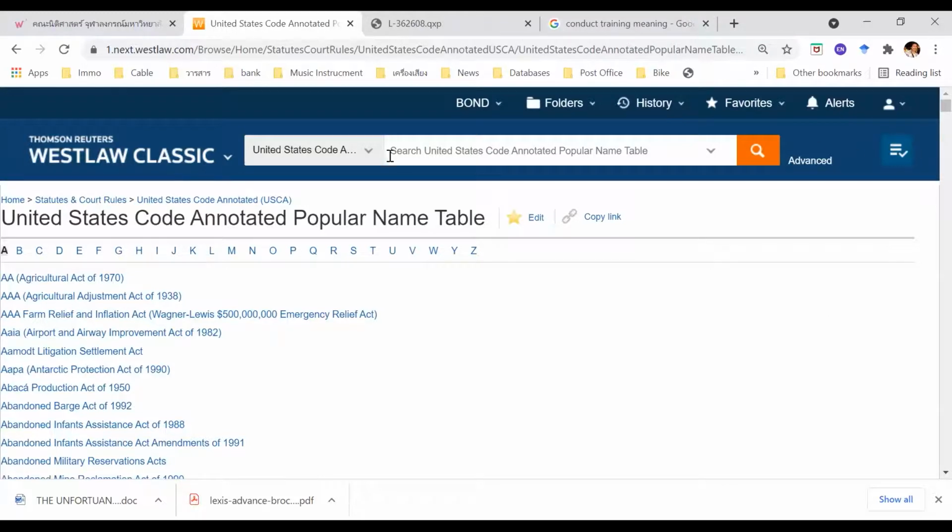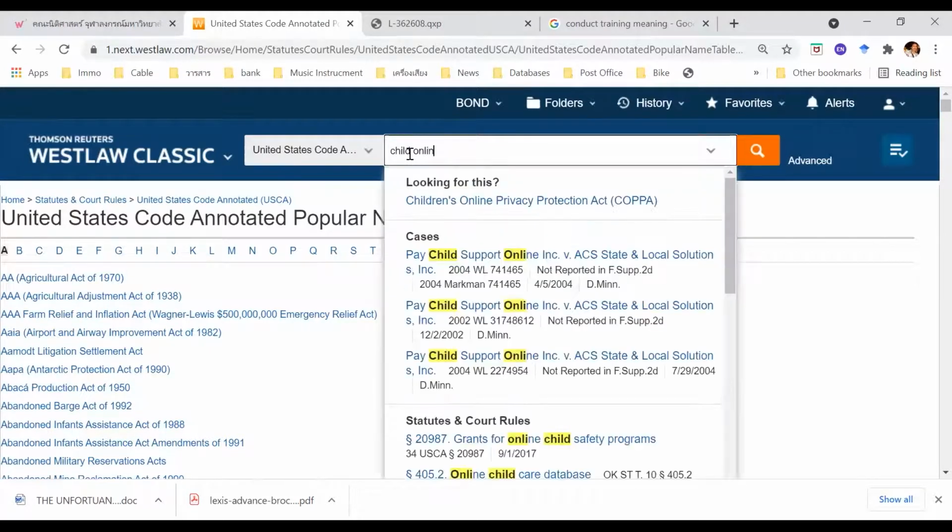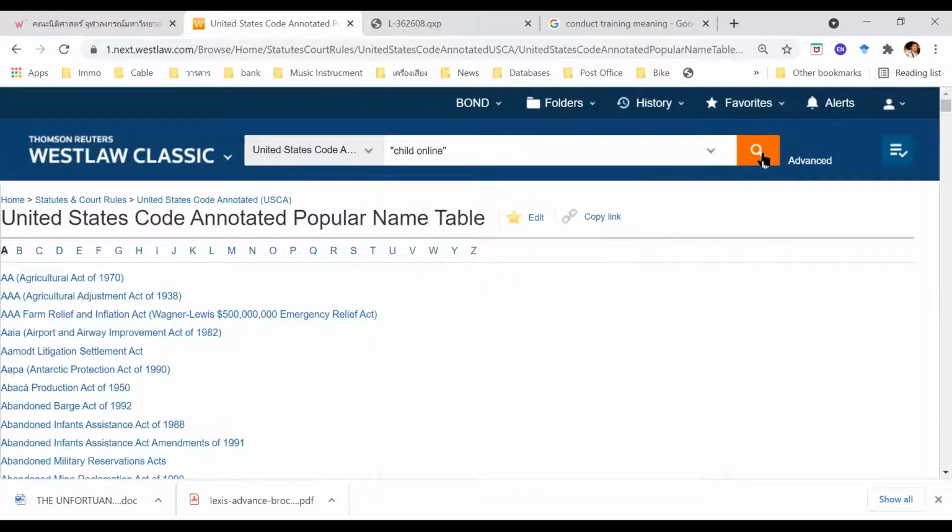So you can use this to search from the X. I remember something like child online protection, but I only remember "child online". So can I search? Connect the adjacent text with online. Just use quotation marks and start searching.